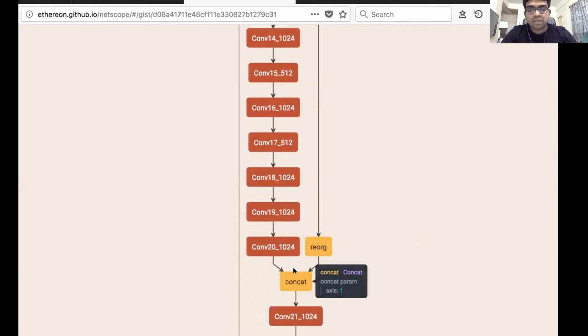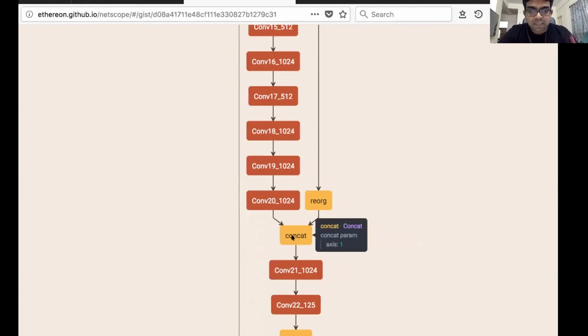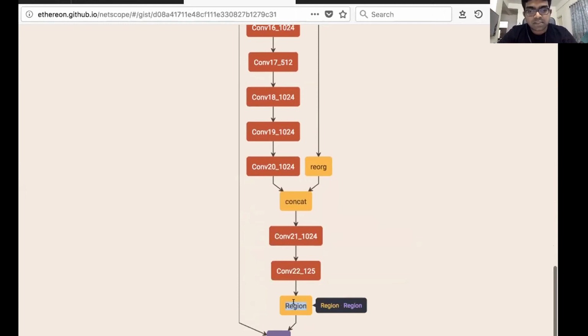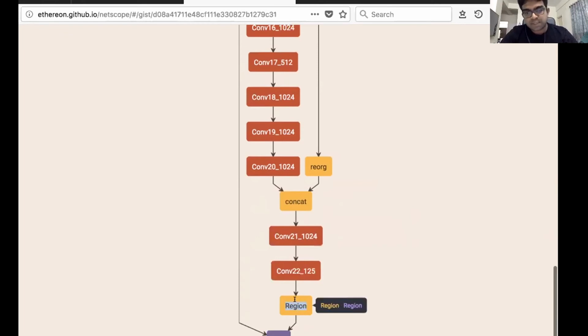This is what YOLO has come up with. This is the insight of YOLO. And this concat layer goes through a couple of convolution layers. And then there is a region layer. Region is not a layer, it's just a post-processing of your output.